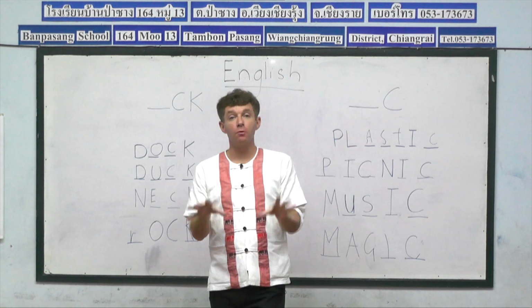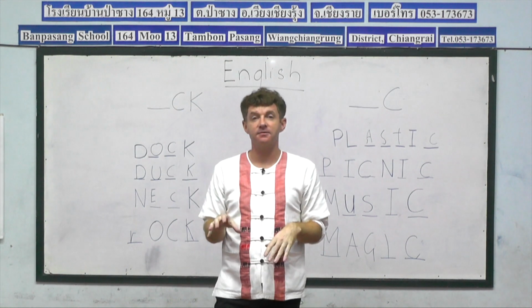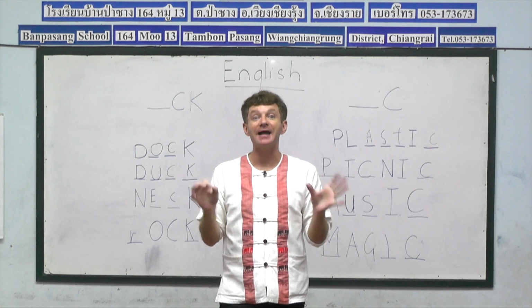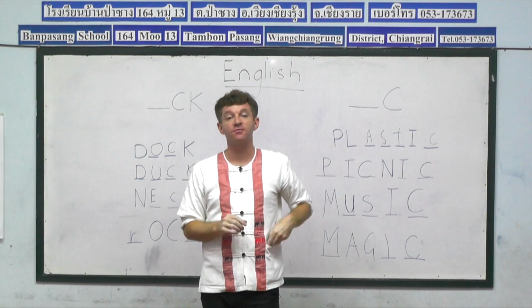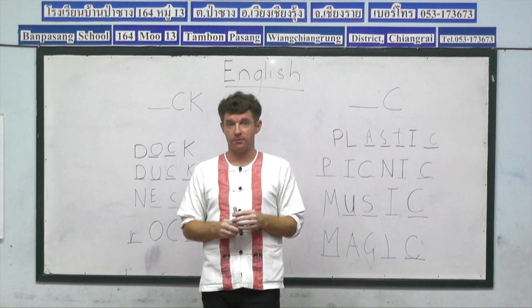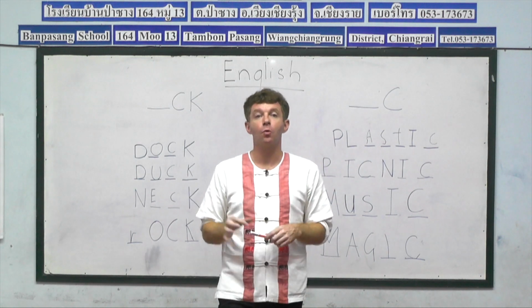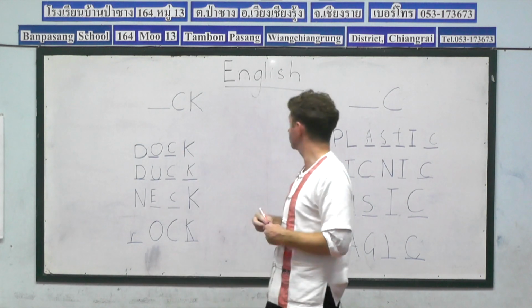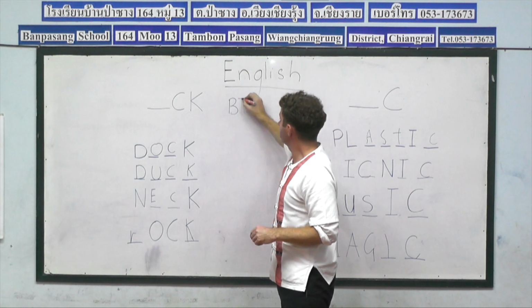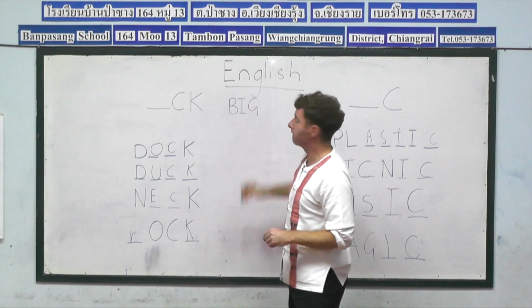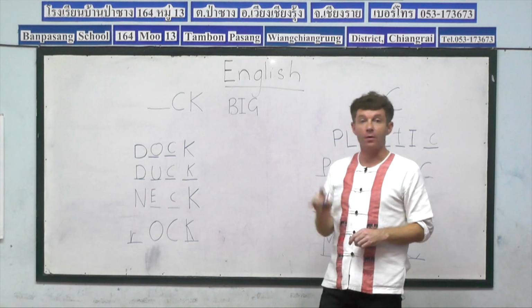And we're going to move on in today's English lesson and look at different types of adjectives. Now remember, an adjective is a describing word. For example, we could use an adjective such as big. Okay?